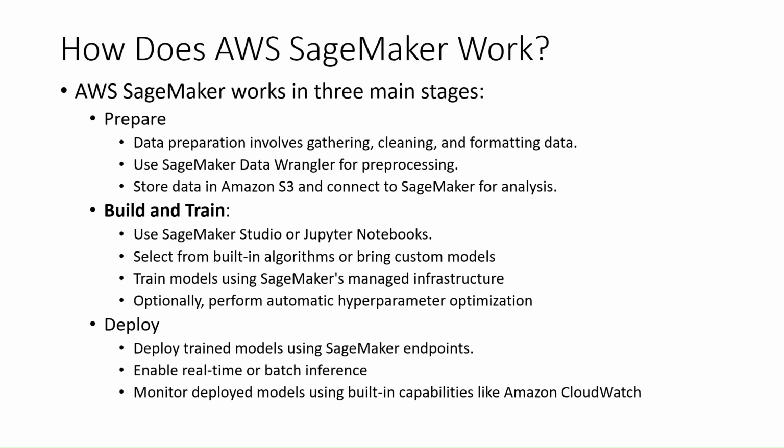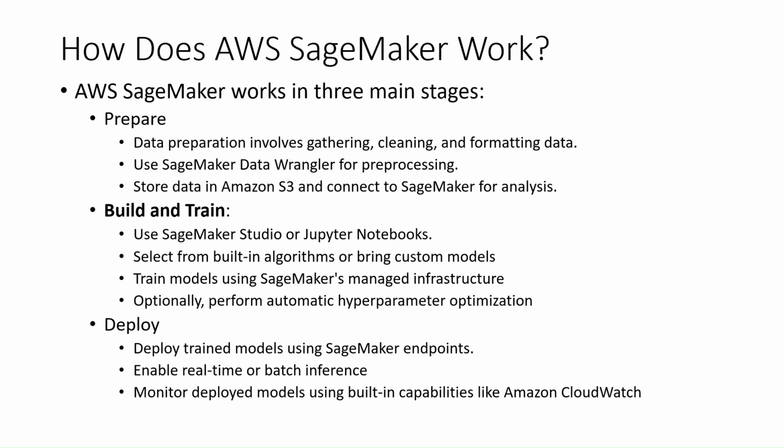Here they use SageMaker Data Wrangler for pre-processing, that is cleaning, gathering, and formatting the data in the proper manner, and store the data in S3 and connect to SageMaker for analysis. Once the preparation is done, the data is stored in S3, and thereon SageMaker proceeds further with the data.